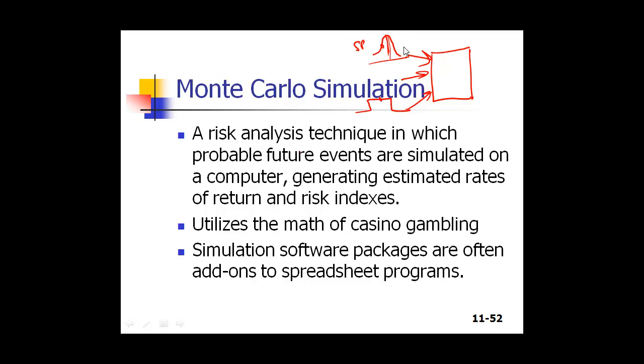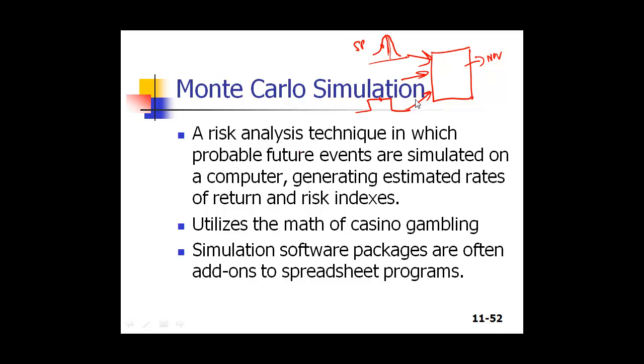So scenario 1, it picks a certain sales price, a certain cost, a certain WACC, etc., and it spits out a what? What does it give us? What's the result? It will give you a certain NPV.